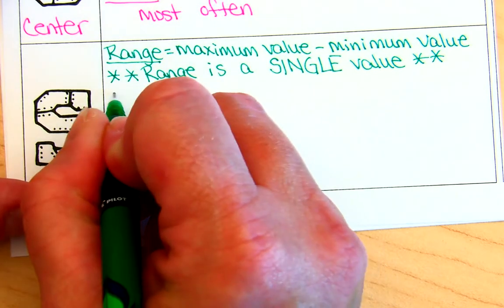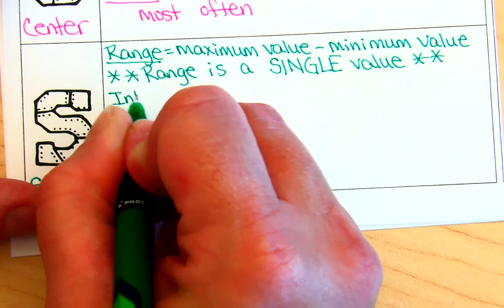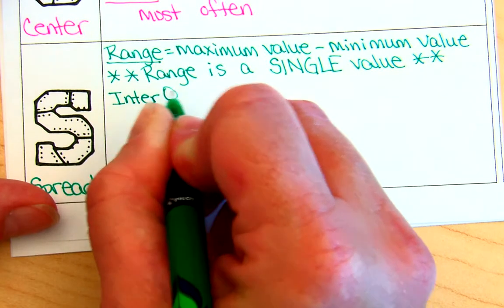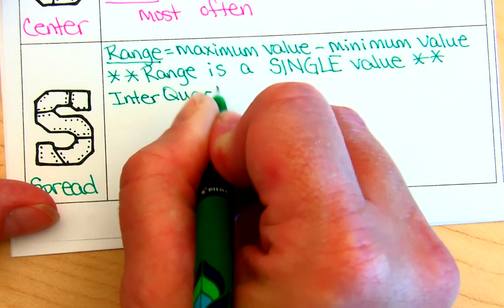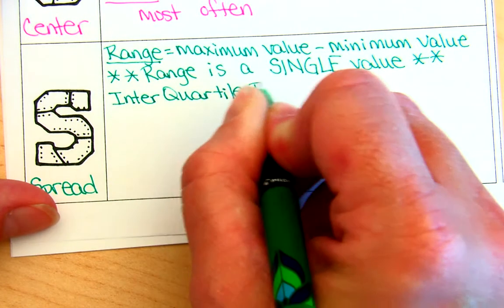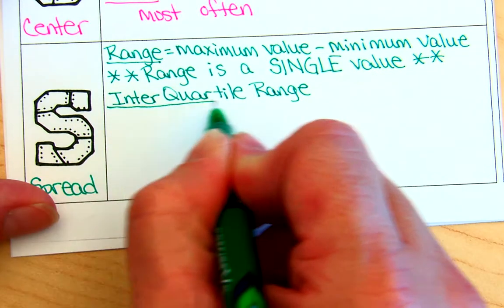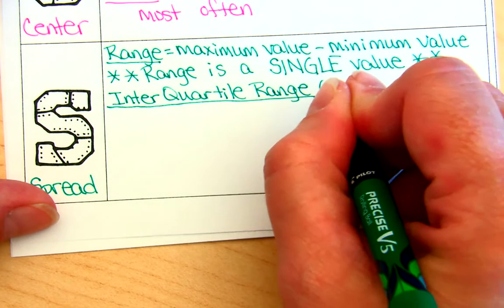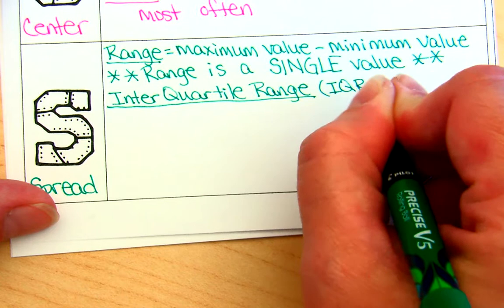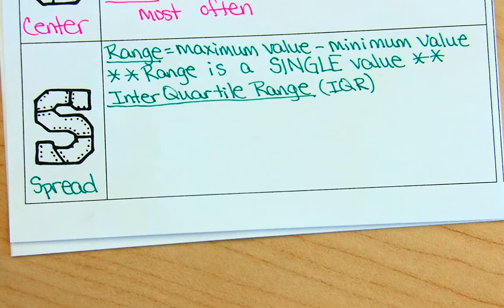One of them that we use a lot is the interquartile range. We abbreviate that as just IQR. Anyone ever heard of that? Nope.